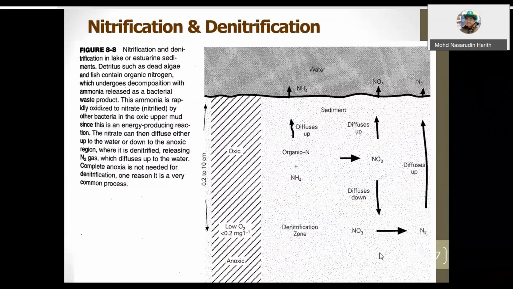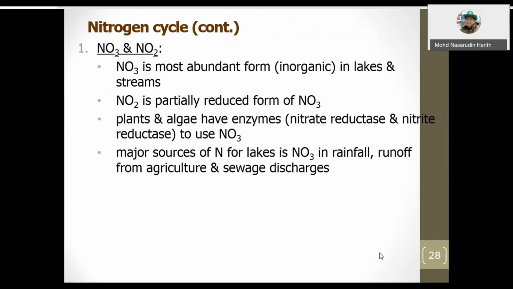The nitrate can then diffuse either up to the water column or down to the anoxic region where it is denitrified, releasing nitrogen gas, which diffuses up to the water. Complete anoxia is not needed for denitrification, one reason it is a very common process.